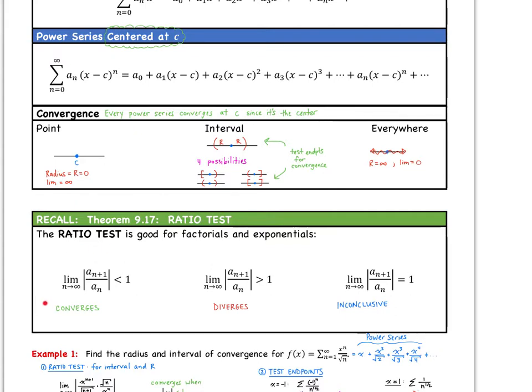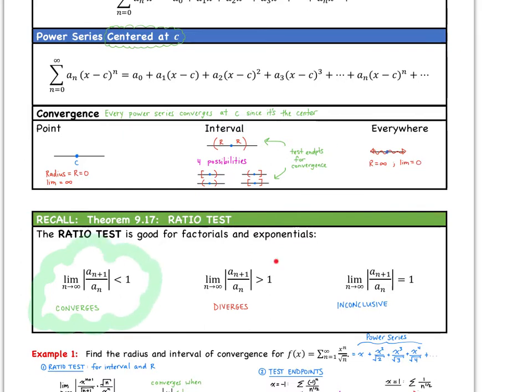So remember, the ratio test converges when we are taking the limit as n goes to infinity of the absolute value of a sub n plus 1 over a sub n when it's less than 1. So this is kind of the big guy that we're going to be focusing on today.